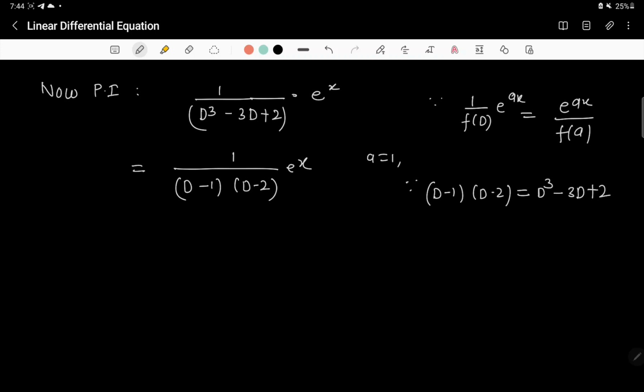Whenever we get 0 in the denominator, we must decompose the given relation in terms of d into linear form.